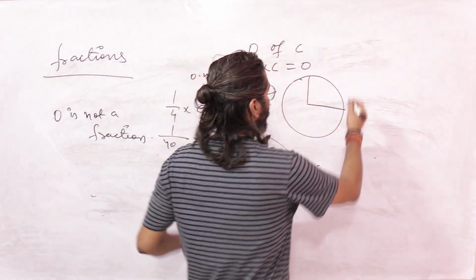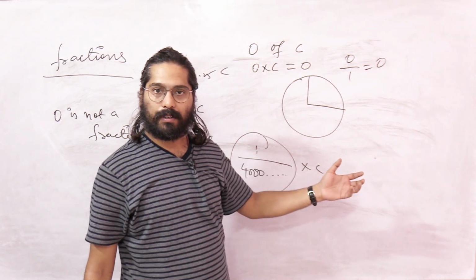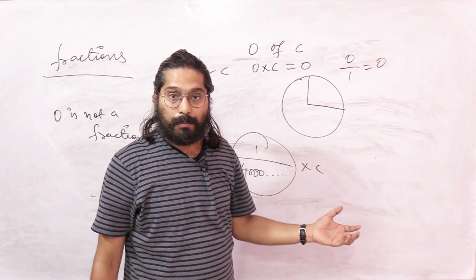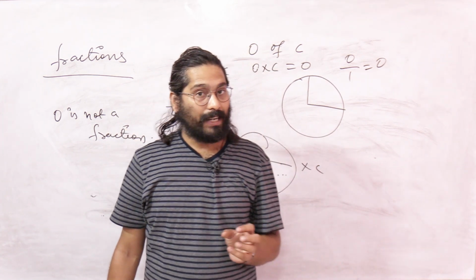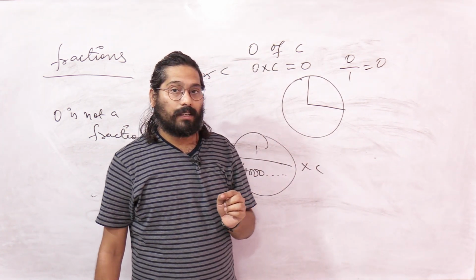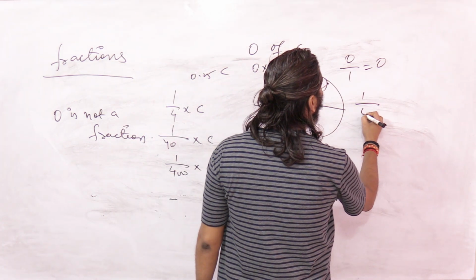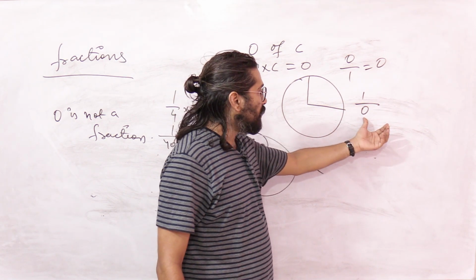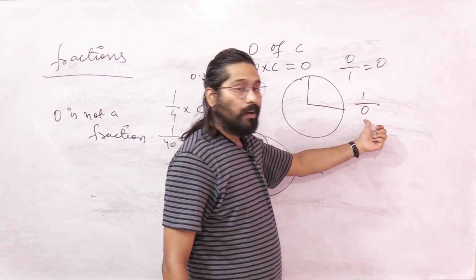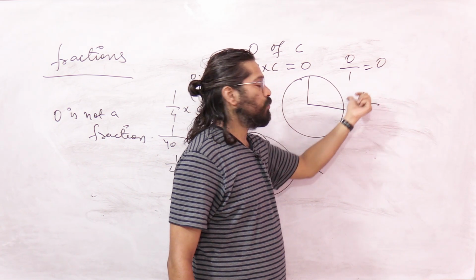Yes, you can say that we write 0/1 is equal to 0. So 0 is a rational number. 0 is definitely a rational number because 0 is an integer, right? But despite 0 being a rational number, you can't say this whole ratio is a rational number.